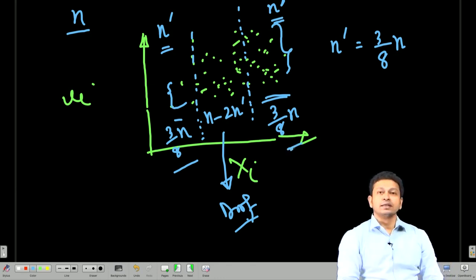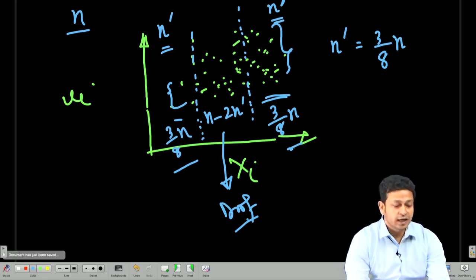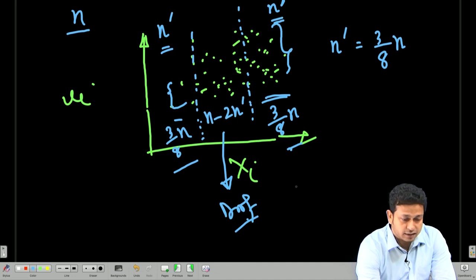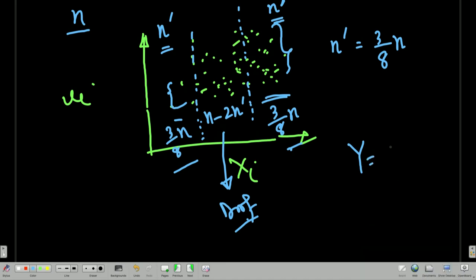Now how do we actually do the test? We perform an F test here to understand if the variances are significantly different or not. And to do that, we run a regression. Let's say in the original regression equation we have something like beta 2 x2, and beta 3 x3 and some error term.